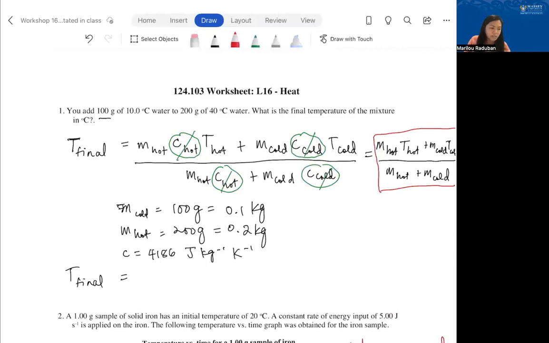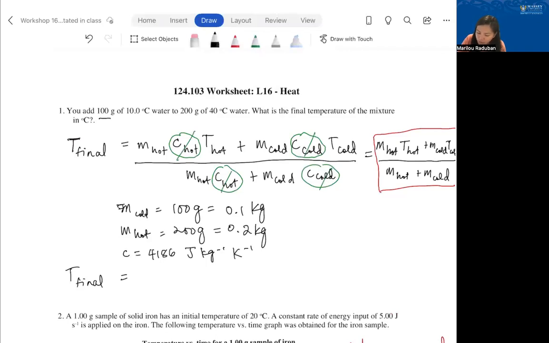So we can substitute the values. If you want, you can convert the temperatures from Celsius to Kelvin, right?